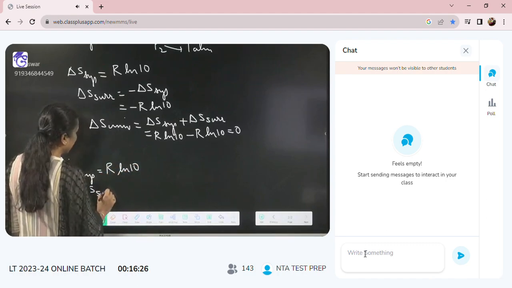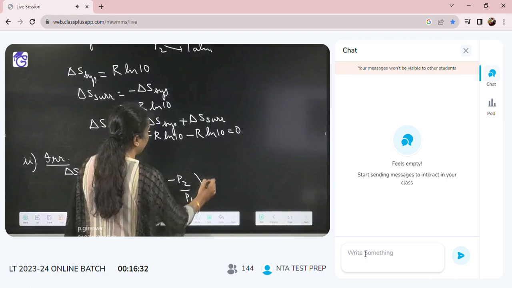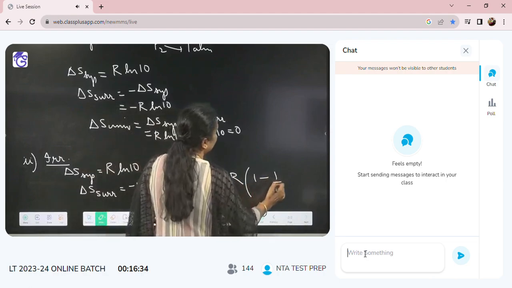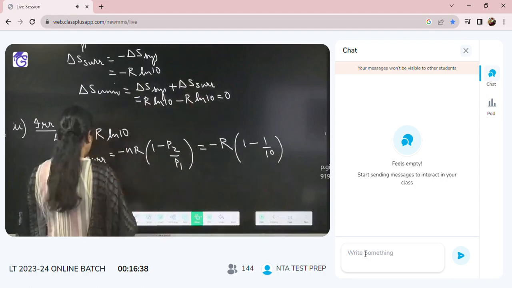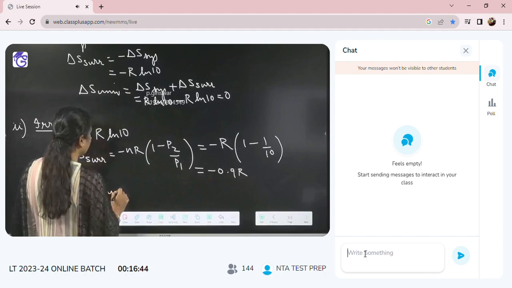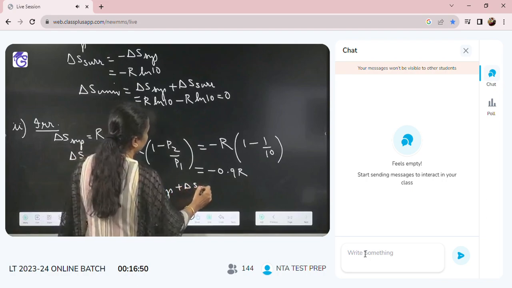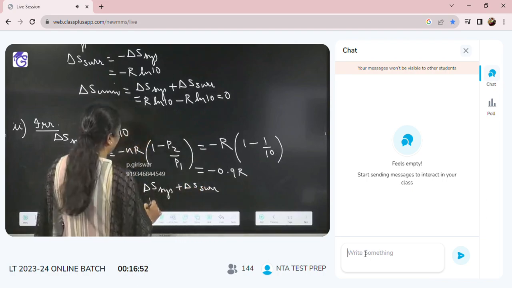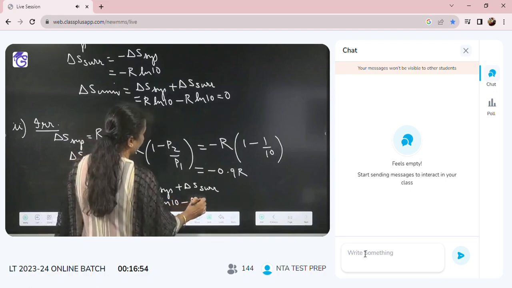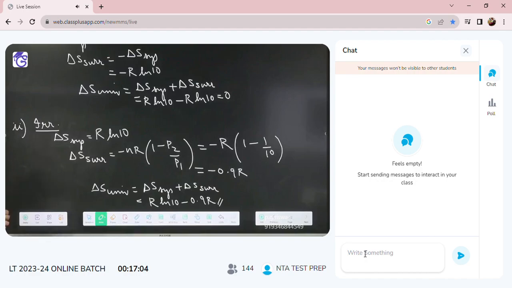Only thing is delta S surrounding is given by minus nR into 1 minus P2 upon P1, and here it is 1 mole, P2 is 1, P1 is 10, so we'll have minus 0.9 R. So ultimately delta S universe is going to be delta S system plus delta S surrounding, and I'll have here R ln 10 minus 0.9 R. That's the expression which you are getting. Got this, everyone? Understood also? So very simple problems could be based on this.